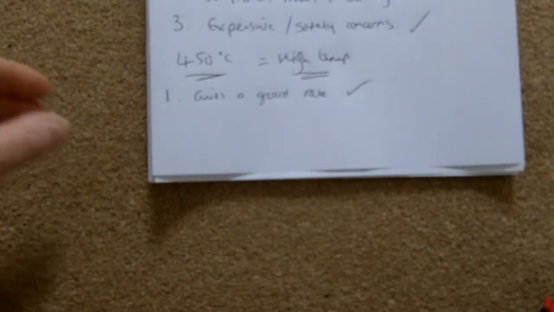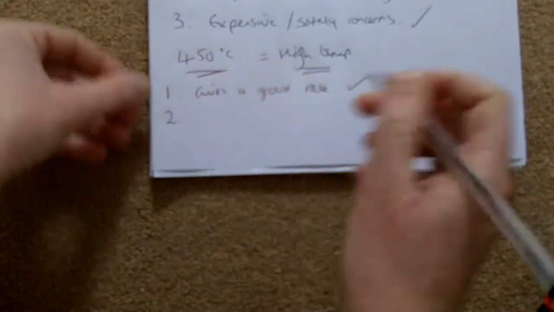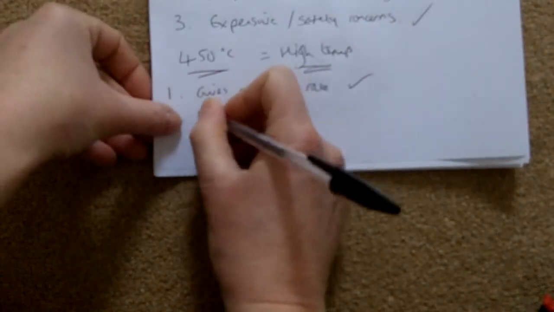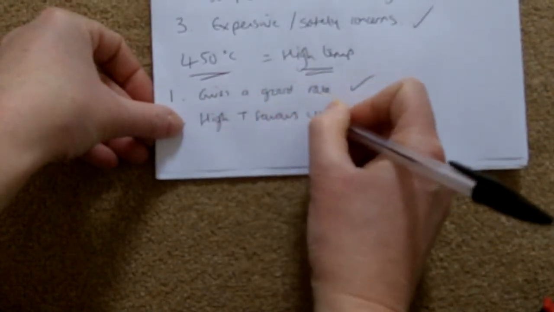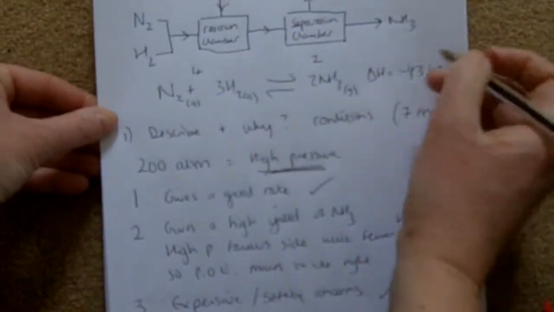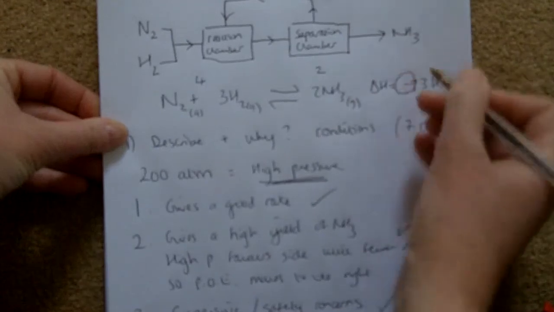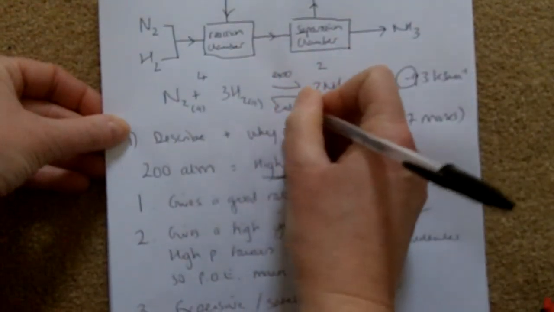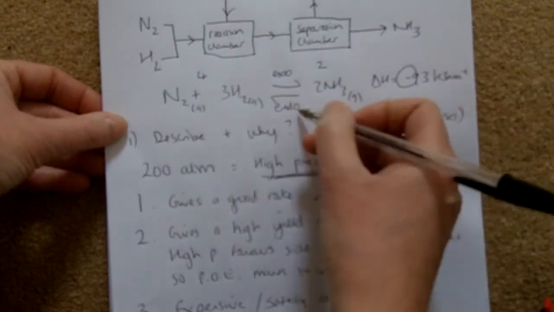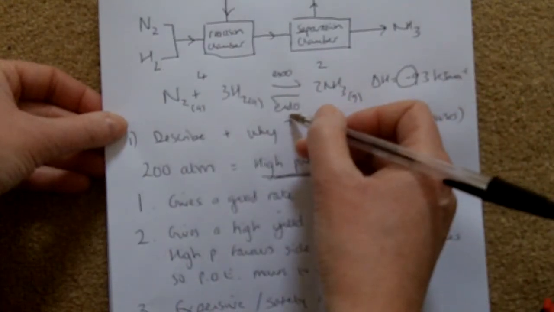Okay, but what happens to the yield if you use a high temperature, right? High temperature favors the endothermic direction. If we look back here, that means that the forward direction is exo, so the reverse direction is endo. So high temperature will favor the endothermic.